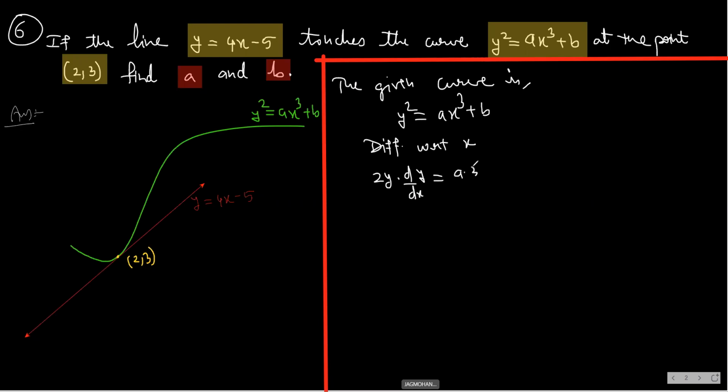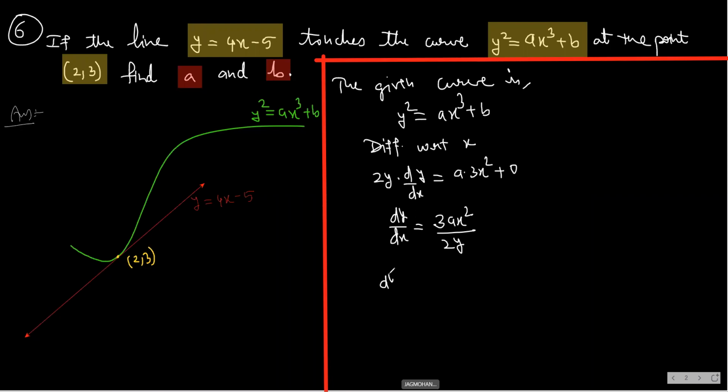The derivative of x cube is 3x square, plus 0. A into 3x square plus 0. So we get, therefore, dy by dx equals 3ax square upon 2y. So we got dy by dx.